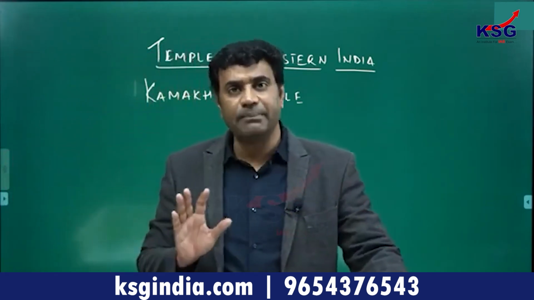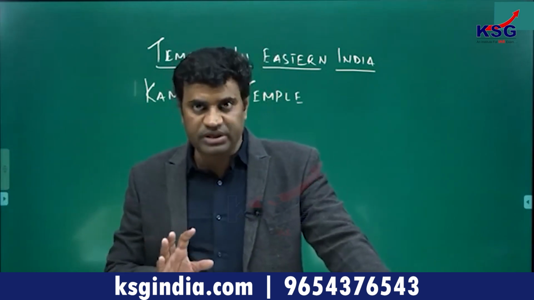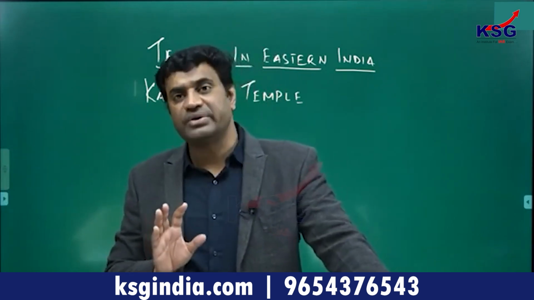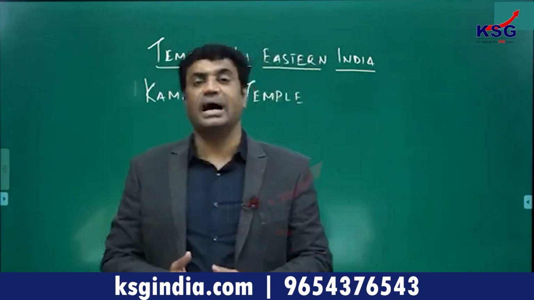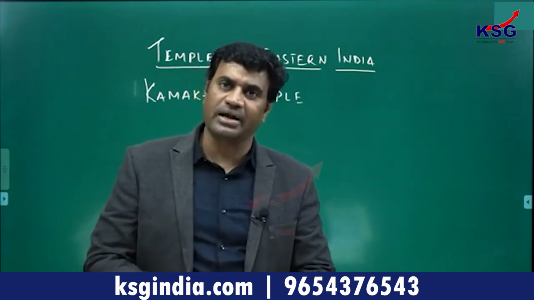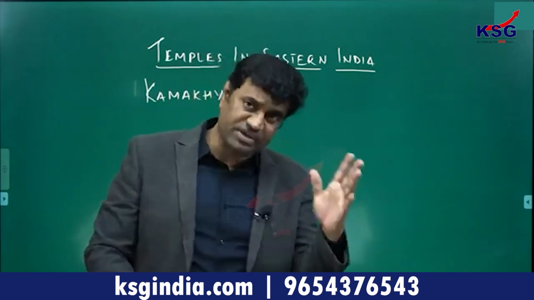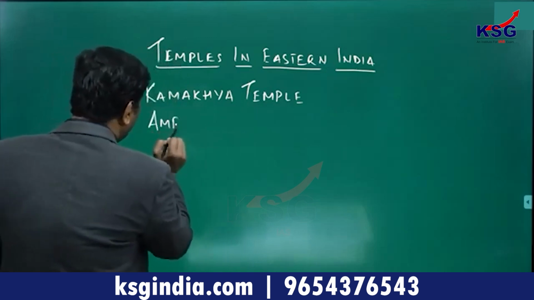In fact, this temple is marked by worship by the devotees to show annual menstruation of goddess Sati. So it is basically the annual menstruation of goddess Sati, which is worshipped as Kamakhya temple, and a very important festival is organized. This festival is known as Ambu Bachi Mela.